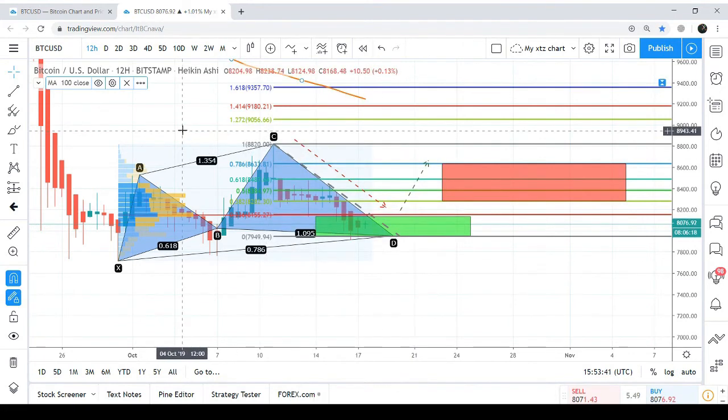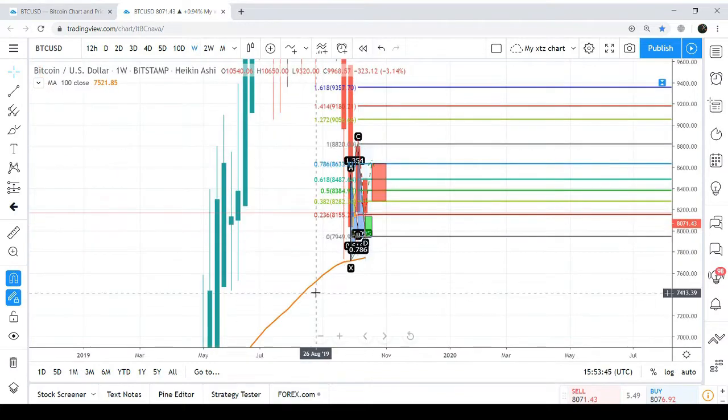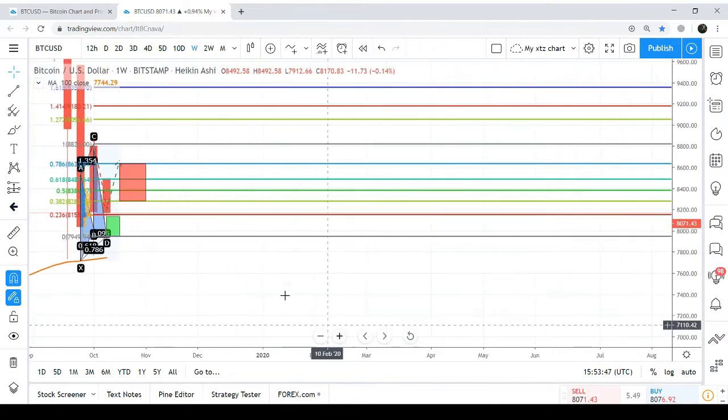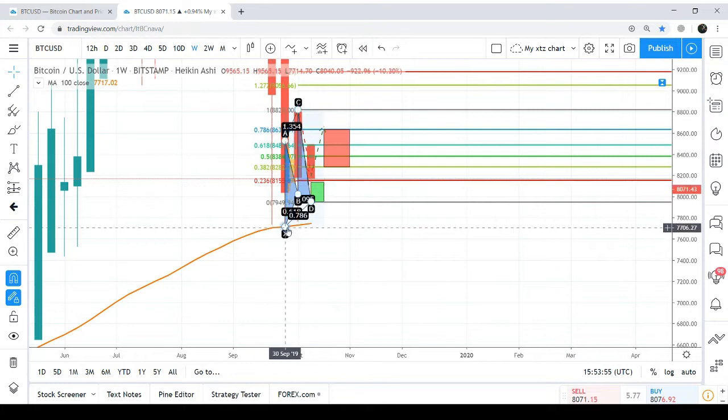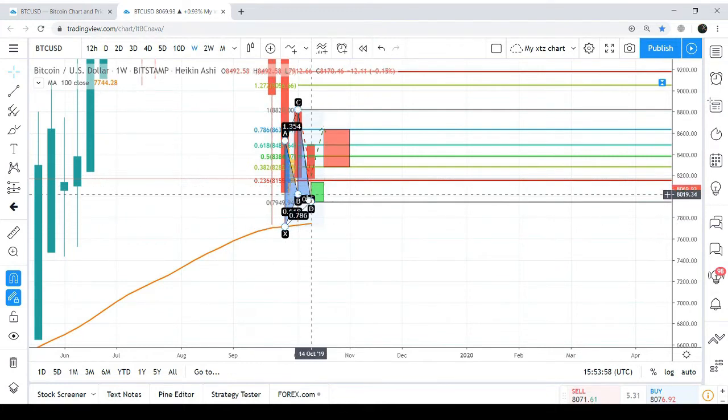If I turn it to the weekly chart, we can see we have strong support from this 100 simple moving average below this potential reversal zone, and the price action is bouncing from here. So the bullish divergence can be more powerful. This bullish divergence can even execute my previous trading idea, which I posted on the 4-day chart.